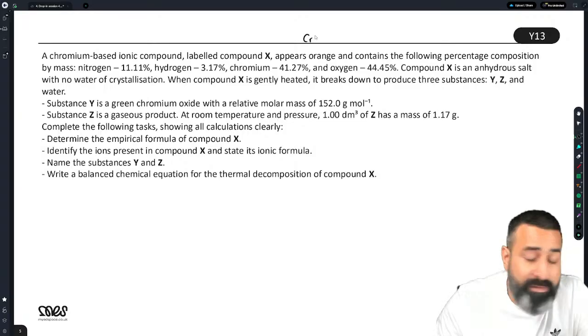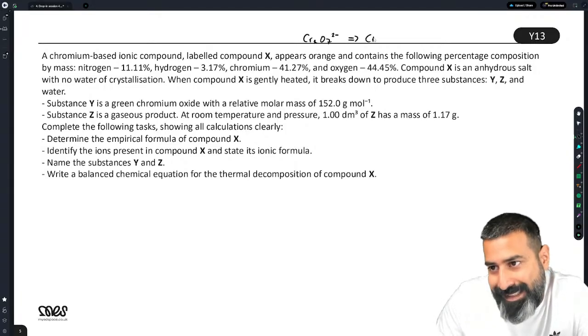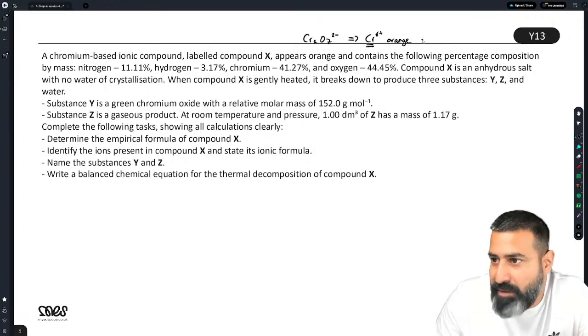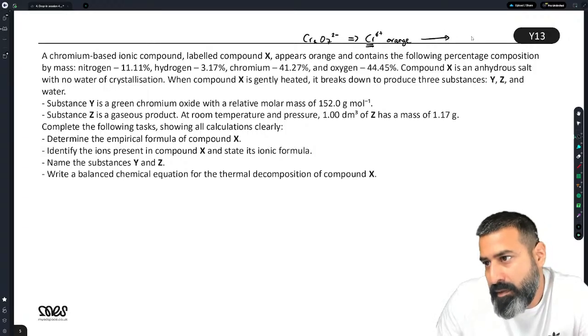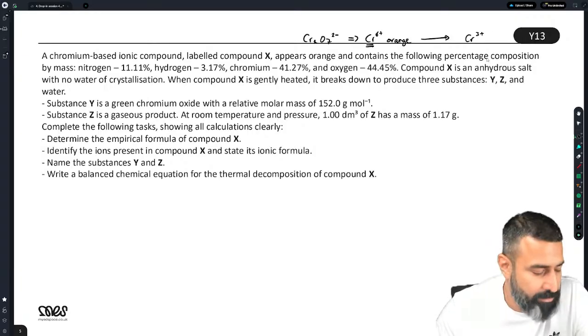Yeah, Cr2O7 2-, which is orange, and chromium is in the +6 oxidation state. So chromium +6 is orange. Okay, just as a bit of revision, when it's reduced to chromium 3+, what is the color of chromium 3+ then?